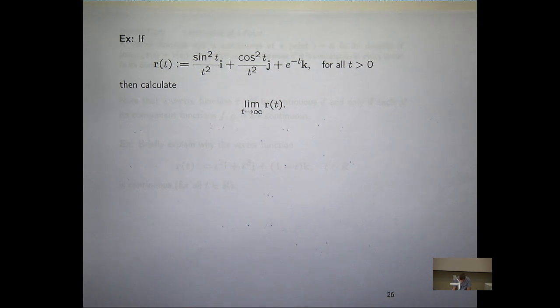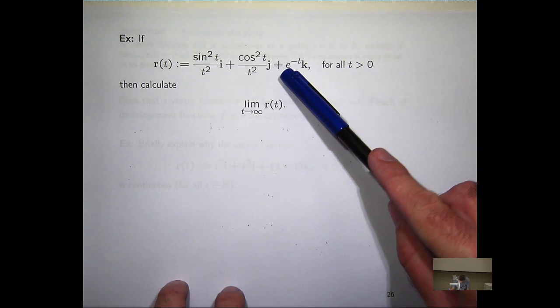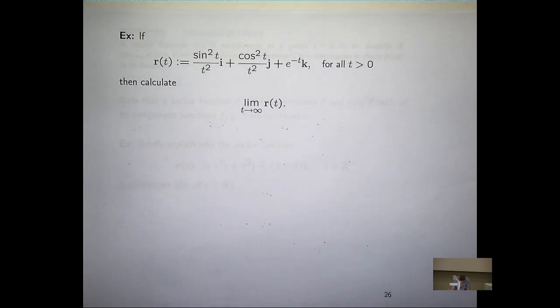Now, what do you think the limit should be in this case? Well, the limit of the last one, the component here, is easiest to evaluate. What's the limit of e to the minus t going to be as t goes to infinity? 0, right? So it's just the other two that we want to evaluate. So what do you think the limits of the other two are going to be?